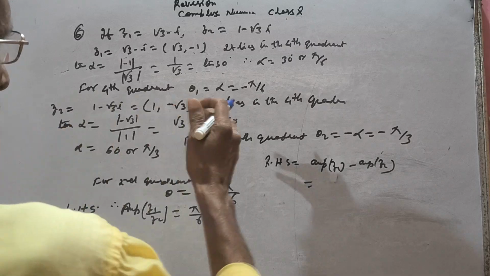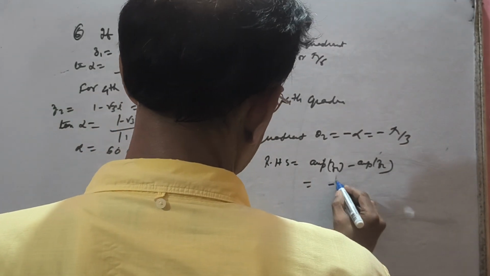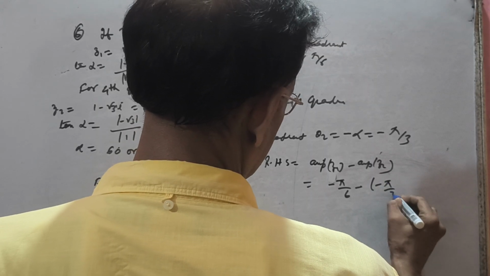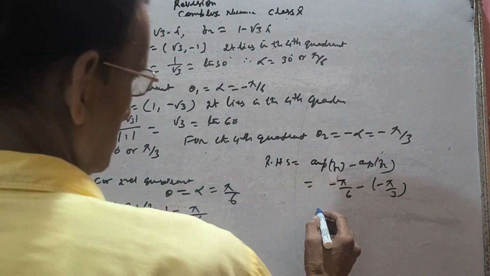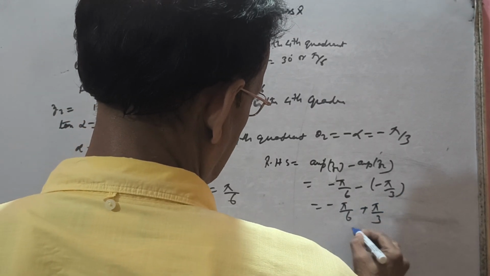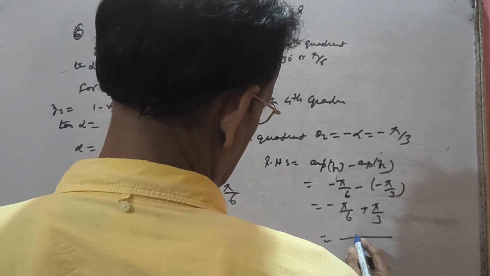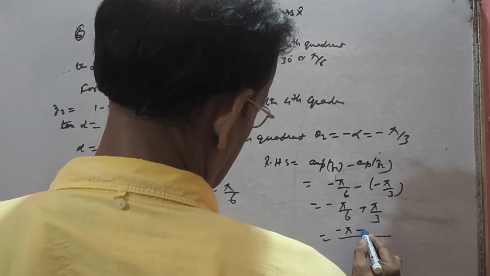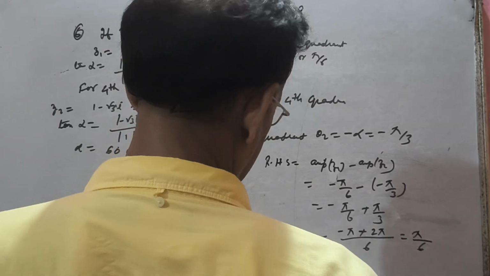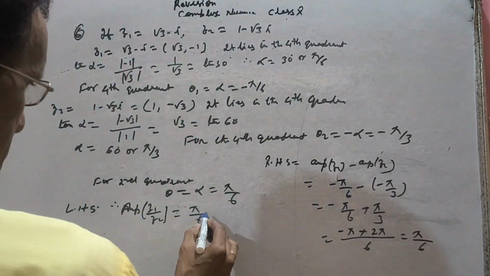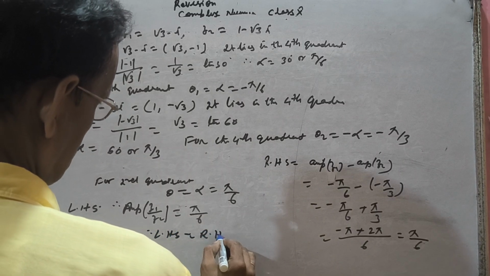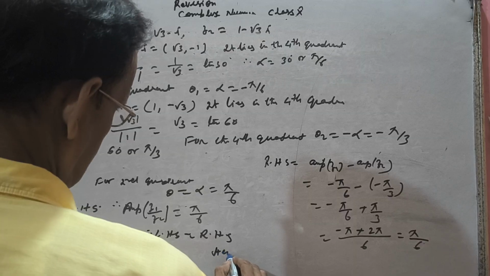Minus pi by 6, minus theta 2 which is minus pi by 3. So minus pi by 6 plus pi by 3. LCM is 6. How much will you get here? Minus pi plus twice pi. So what will you get? Pi by 6. So therefore, see, LHS is equal to RHS, hence verified.